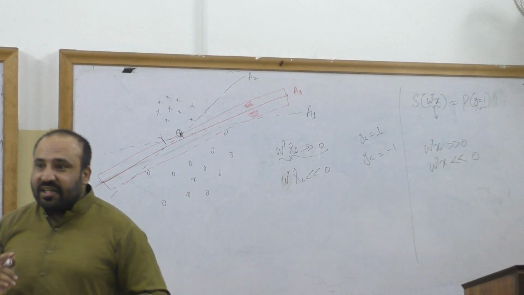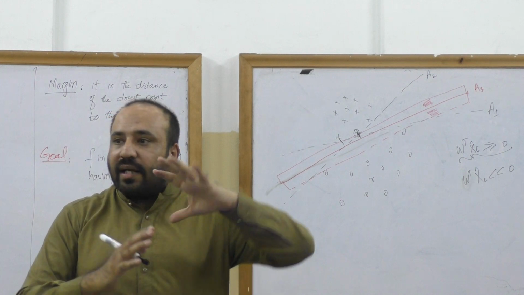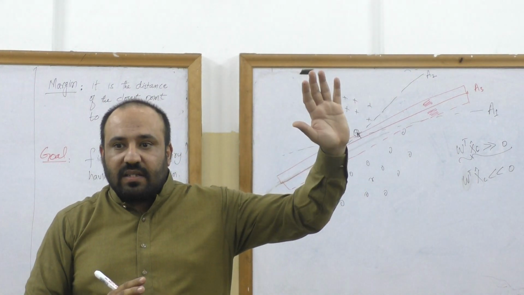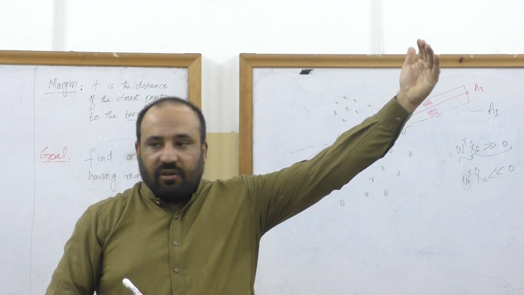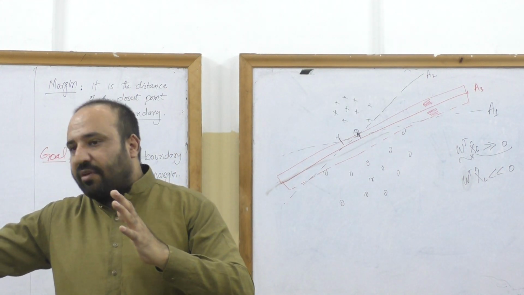But in logistic regression, you say, okay, find out the separator so that all the points of one class, they are far away from the boundary, and all the points of the other class, they are far away on the other side from the boundary.